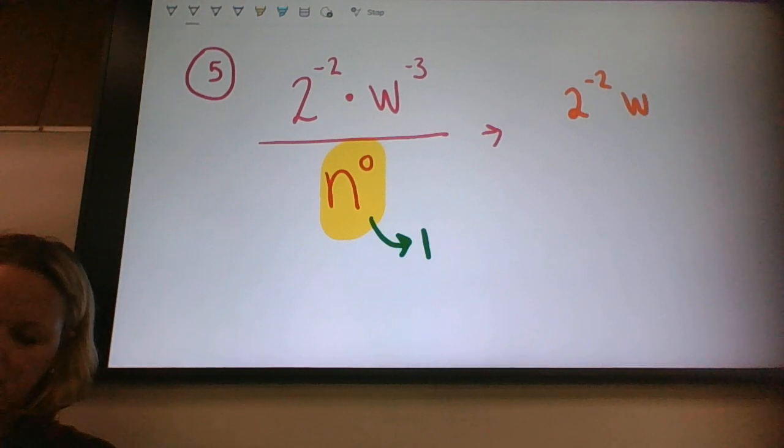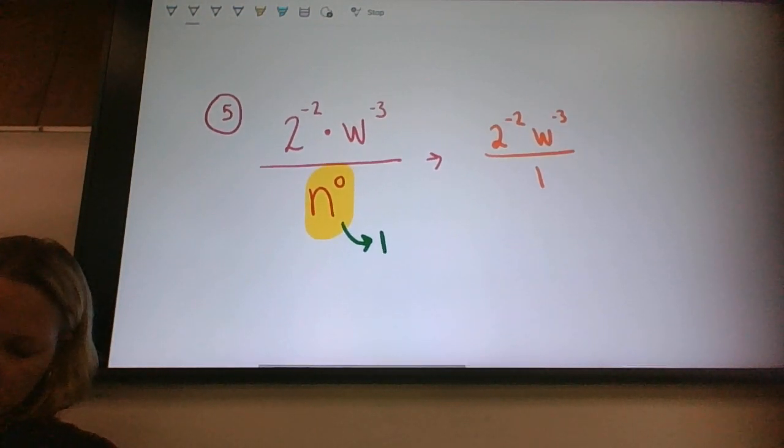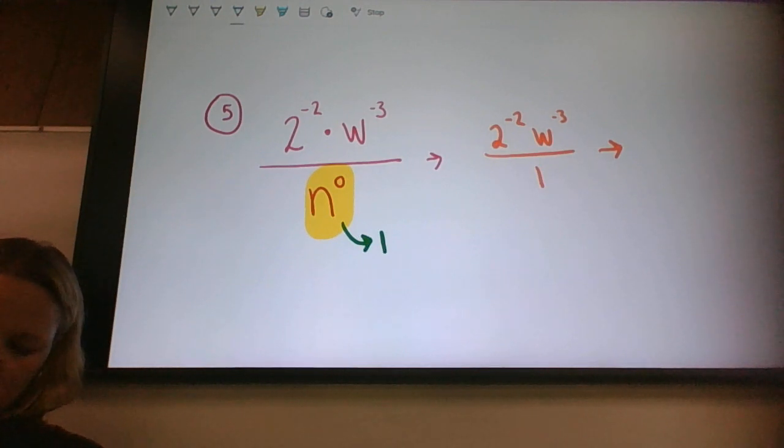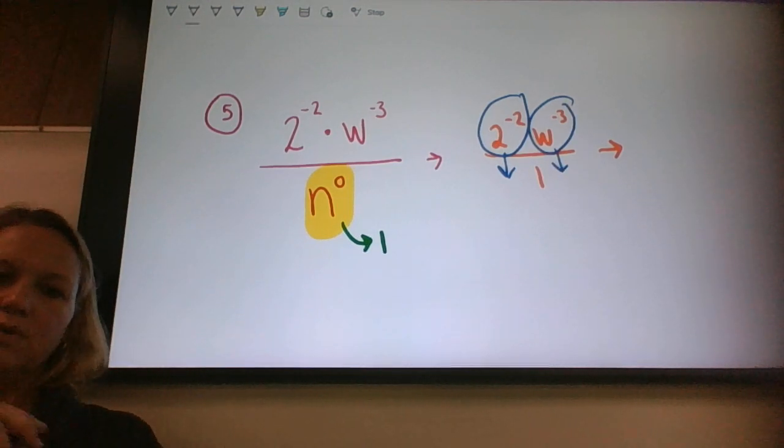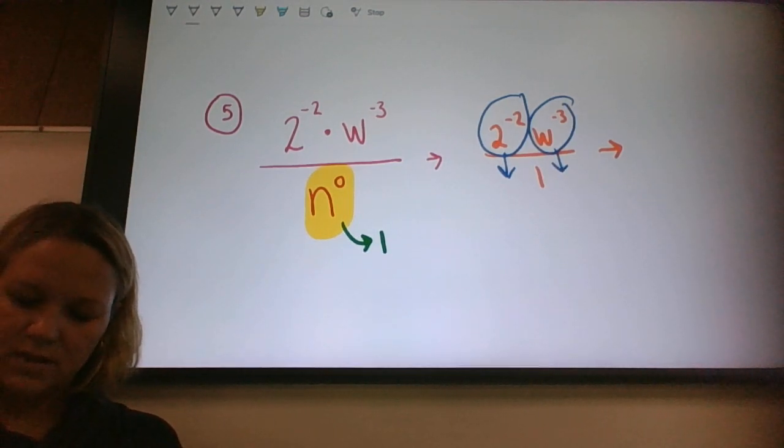I don't know how competitive you guys are, but I was just going to do them with you. Negative exponents have to move their spot in the fraction.